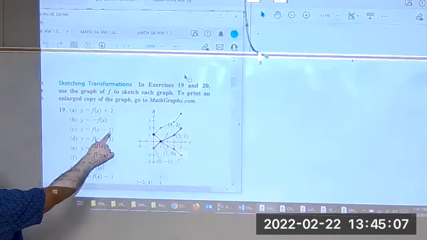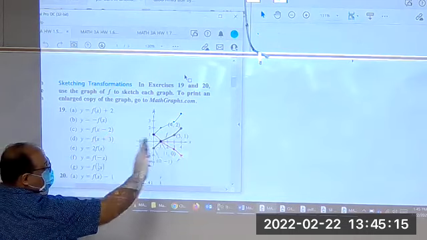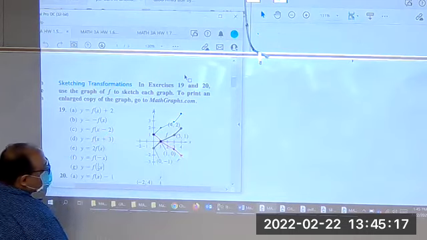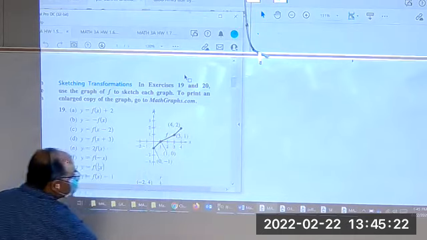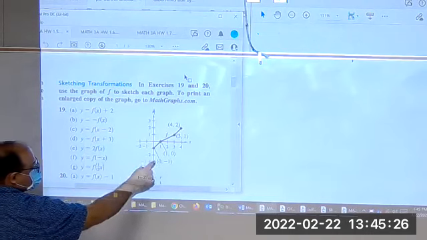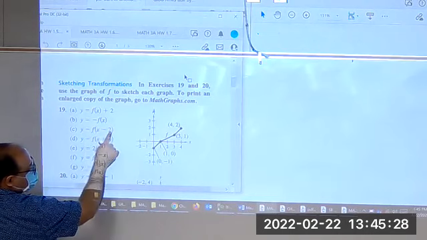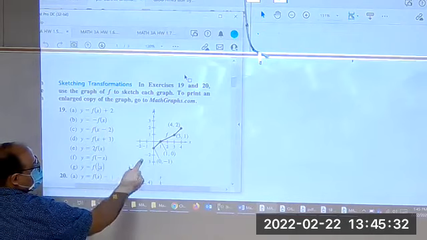What is x minus 2 going to do? It's going to move everything to the right 2 units. So when I plug in 0, it's 0 minus 2. 0 minus 2 is -2.